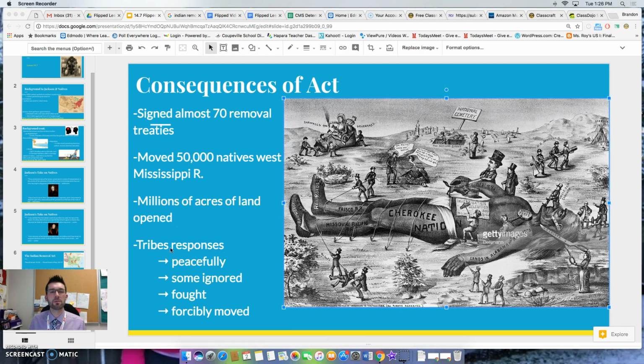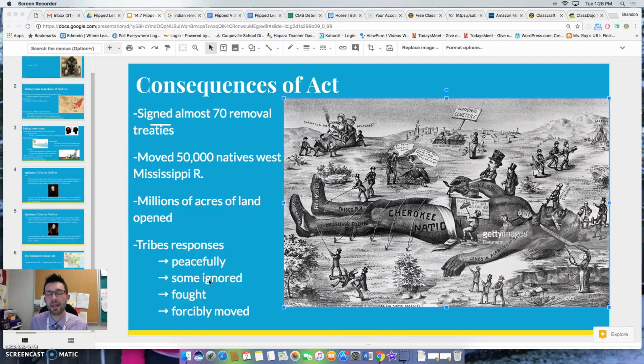Now let's talk about some of the consequences to the Indian Removal Act from the native standpoint. Now, some Native American tribes went peacefully to their new homes west of the Mississippi River. Others flat out ignored the act.